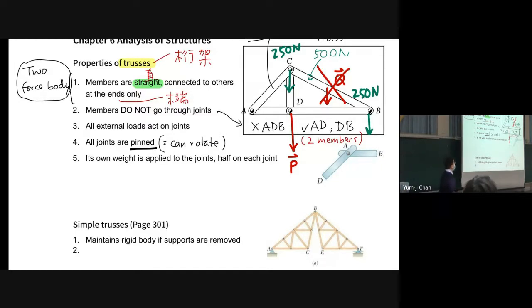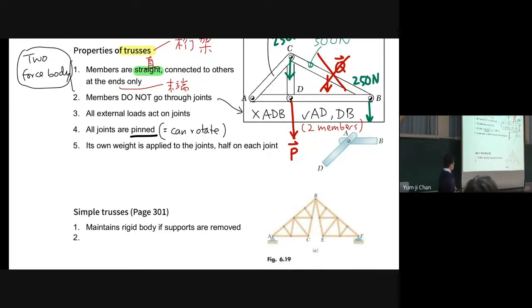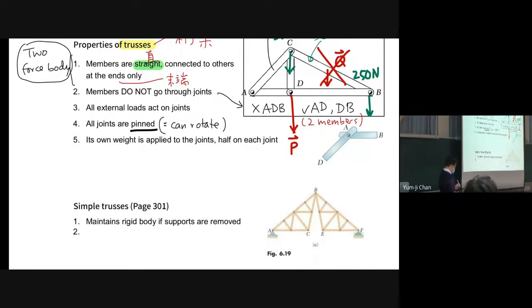Now we go to the next notes. In the notes we have something called simple trusses, and simple trusses are trusses that are rigid bodies if the supports are removed.